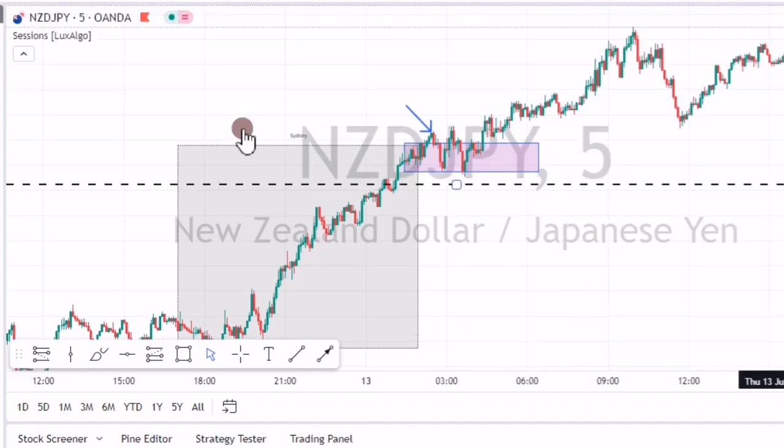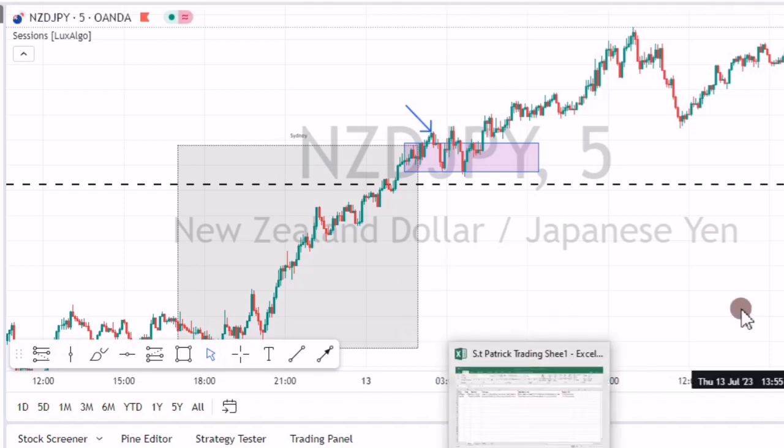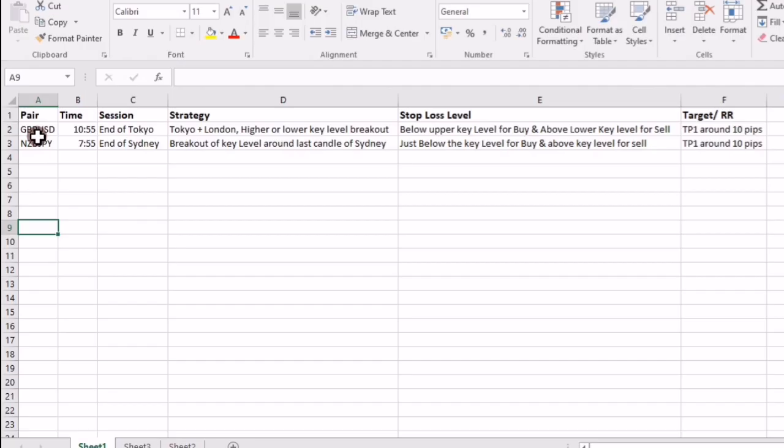Let's take the last example. I want to show you that every currency pair comes with a different strategy. Let's take the last example on GBPUSD. For GBPUSD, let's say I'm coming to the market and the time is maybe 10:45 or 10:50. I know that at 10:55 I should be looking for a trade on GBPUSD, and my focus on the session is at the end of Tokyo.